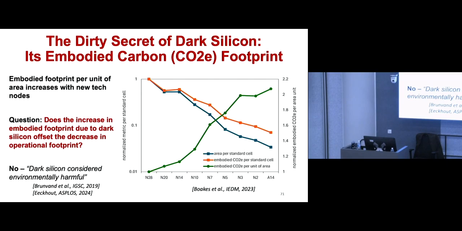Both are exponentially decreasing, which is great, right? But as you can see, there is a difference in the slope. And the difference in slope implies that the embodied footprint per unit of chip area is actually increasing. So the dirty secret of silicon really is the embodied footprint.